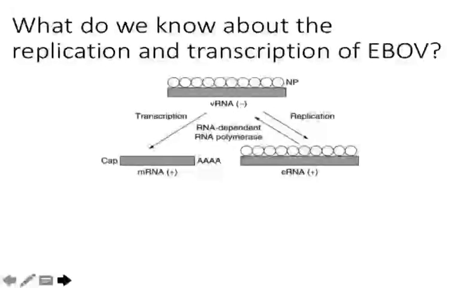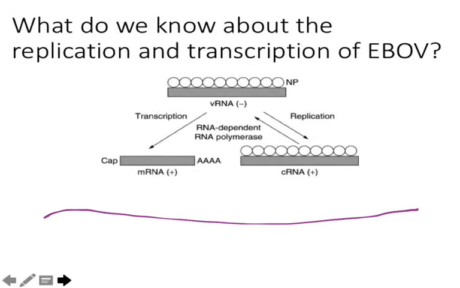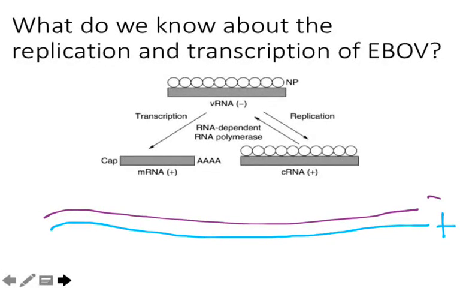It's got a 19,000 nucleotide RNA sequence. And what we're going to find is that this sequence, this negative single-stranded RNA, will be polymerized to produce plus single-stranded RNA. That's going to be the antigenome, or template for more replication.